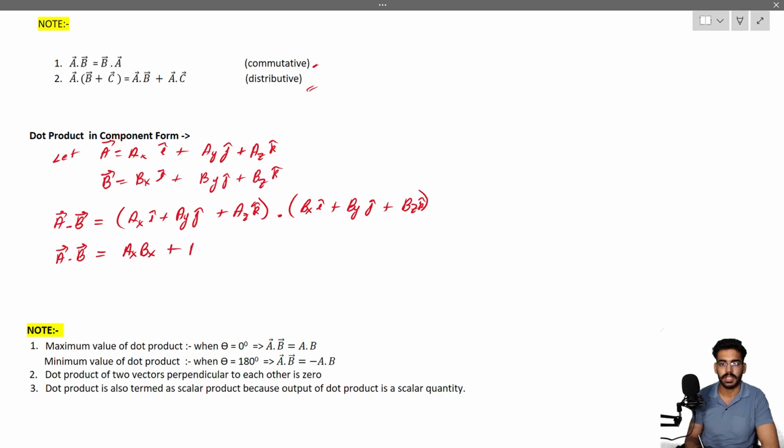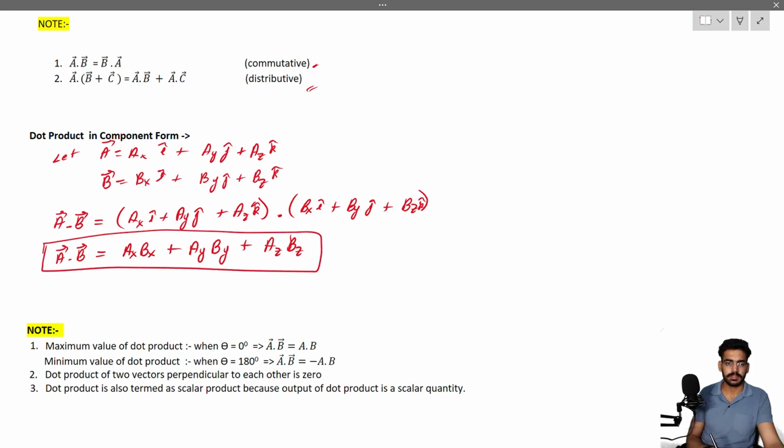So plus ay by. Similarly here az bz will come. Other quantities become 0. So this is your a vector dot b vector. I hope this is clear. This is how you solve.